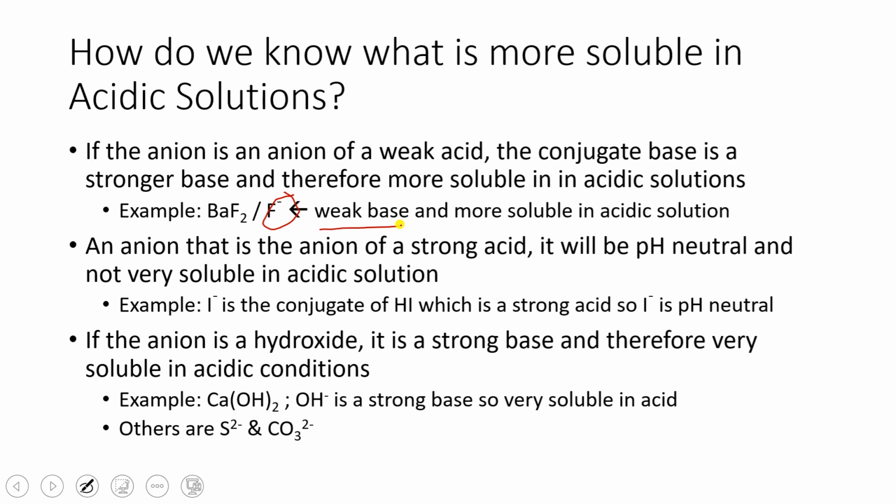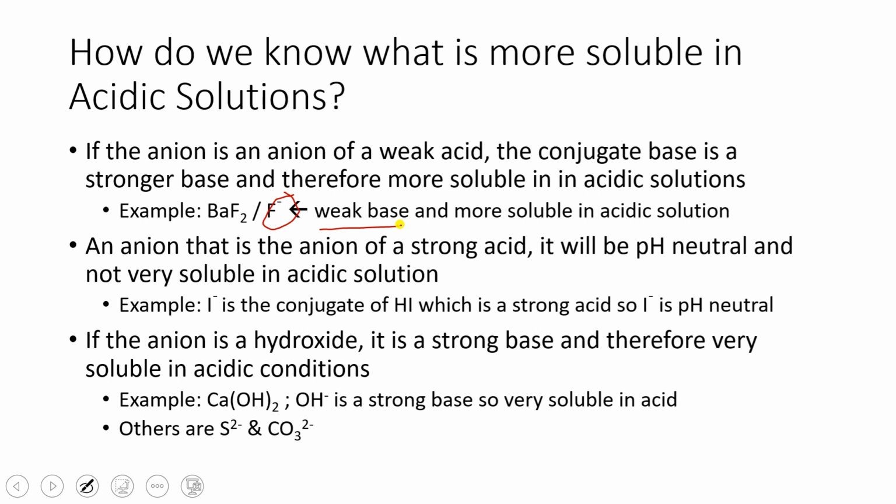We'll call it a weak base because none of these are strong bases or strong acids, but it's going to be stronger as a base than the weak acid HF. So the fluoride ion is a weak base and will be more soluble in an acidic solution.